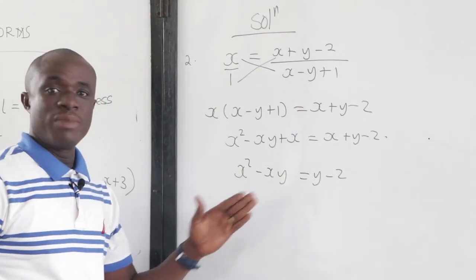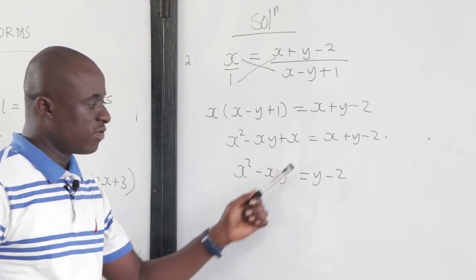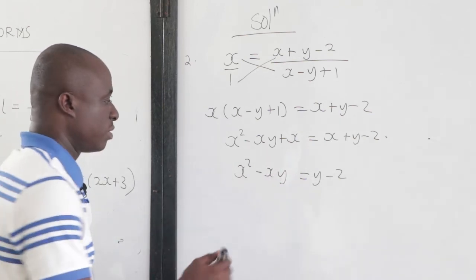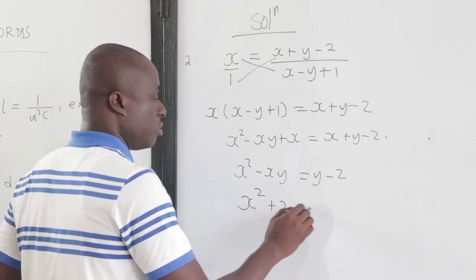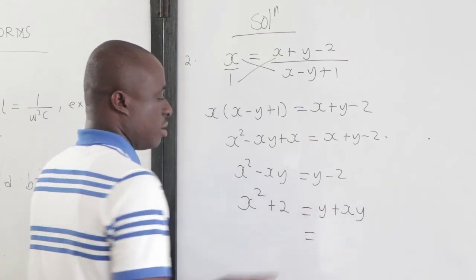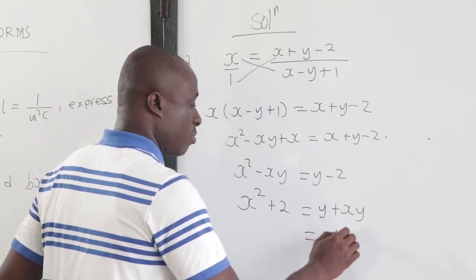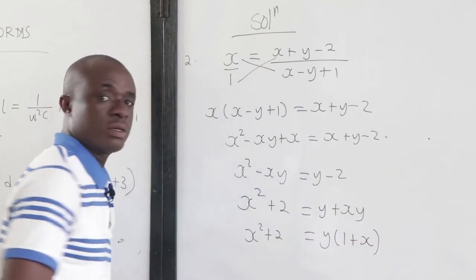So the next one, we can make y the subject. Let's take this to that side. Negative crossing becoming positive. So we have x squared plus 2 equal to y plus xy. We can factorize y out here. So y times (1 plus x) equals x squared plus 2.